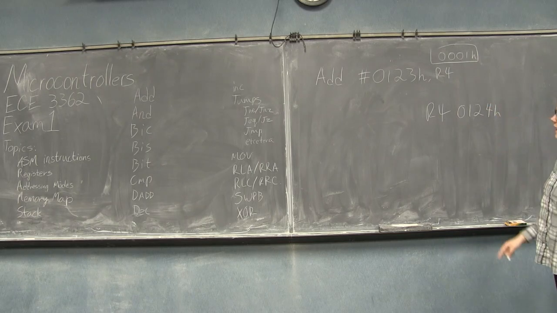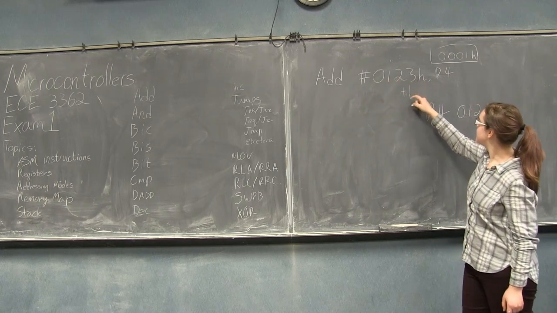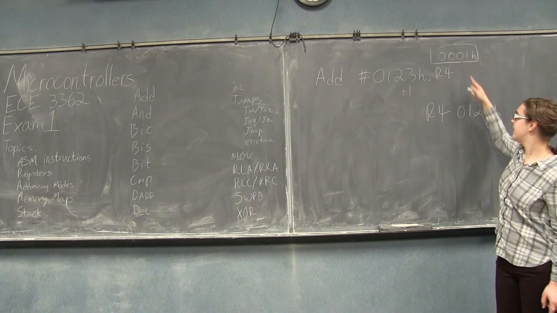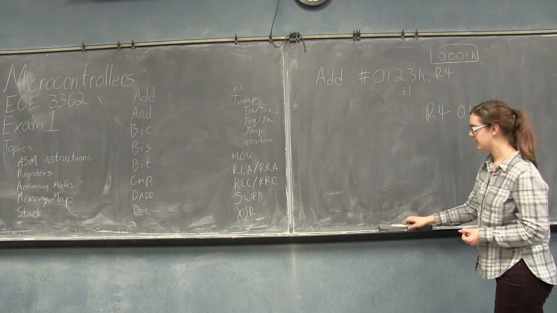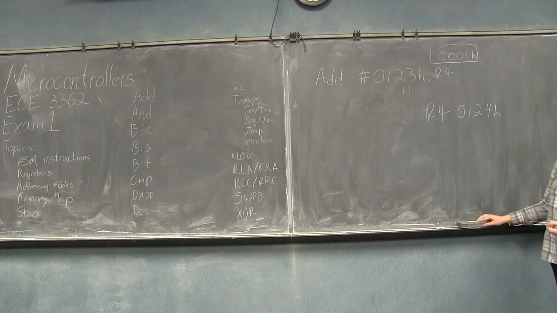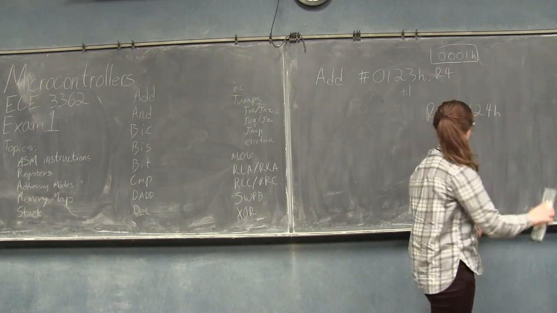Right. Yeah, because 1, 2, 3 plus 1, that's already in here, would make this value 1, 2, 3, 4. So that's a pretty simple instruction, pretty intuitive.